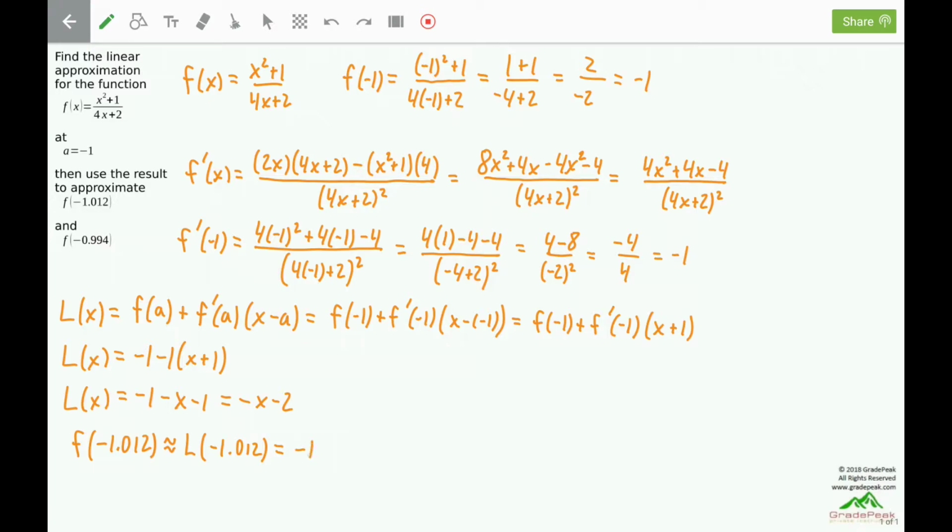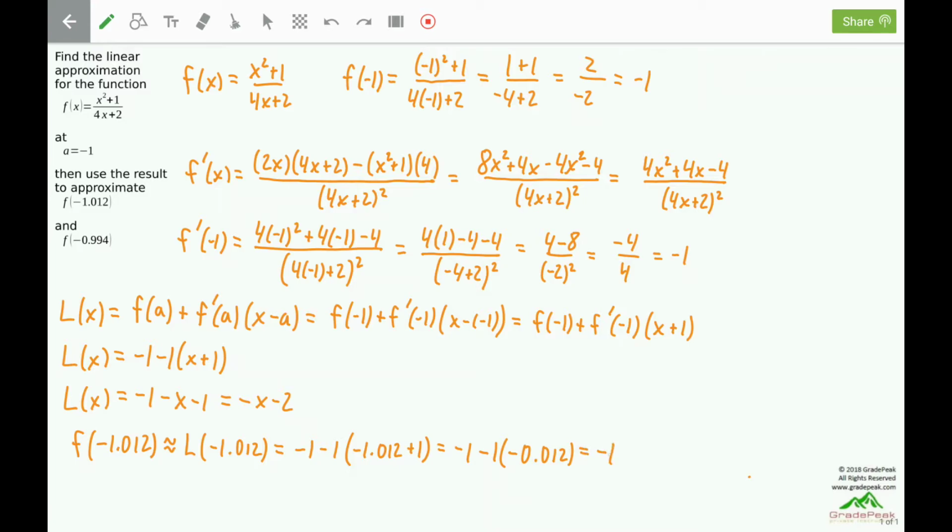So this will be negative 1 minus 1 times (negative 1.012 plus 1), which gives negative 1, and then minus 1 times (negative 1.012 plus 1), which is negative 0.012.